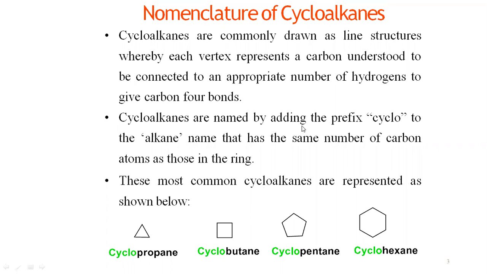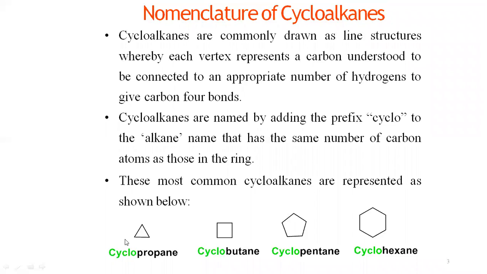Cycloalkanes are named by adding a prefix. How are we going to name the cycloalkanes? By adding the prefix cyclo to the name of the alkane. See, the cyclo prefix is given to the name of the first alkane arranged in a cyclic manner, that is propane.